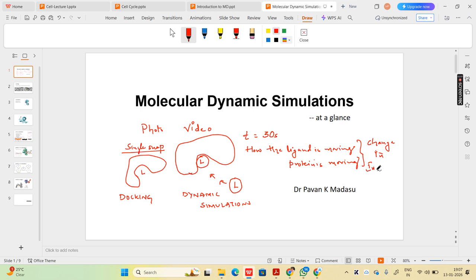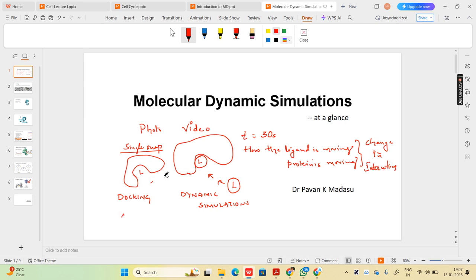If you remember, in the case of docking we were talking about binding affinity, right? Even in the case of molecular dynamic simulations, we will be talking about binding affinity, with reference to time also.